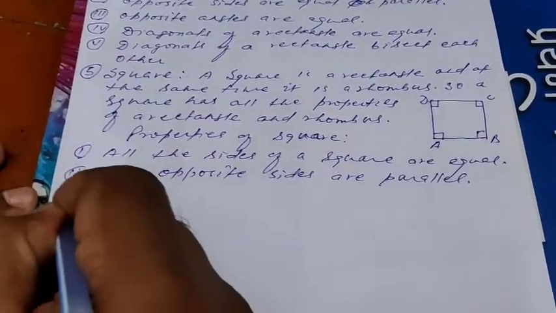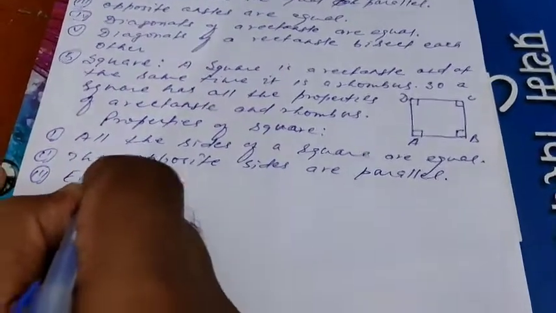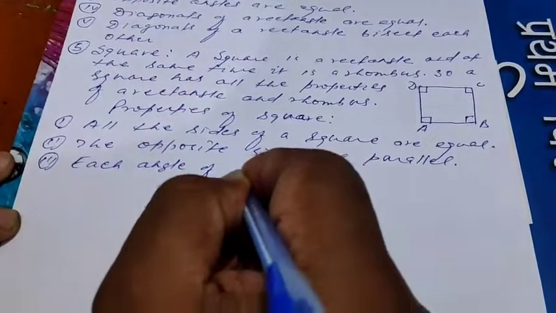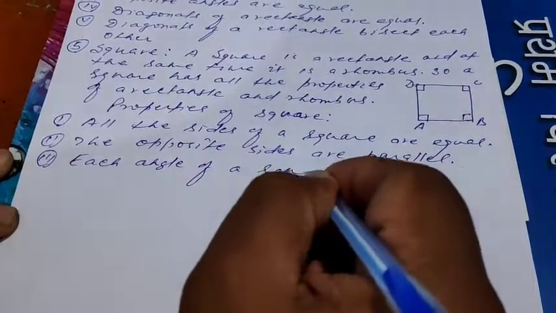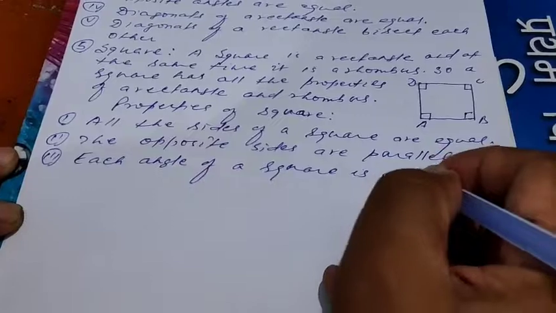Third, each angle of a square is a right angle.